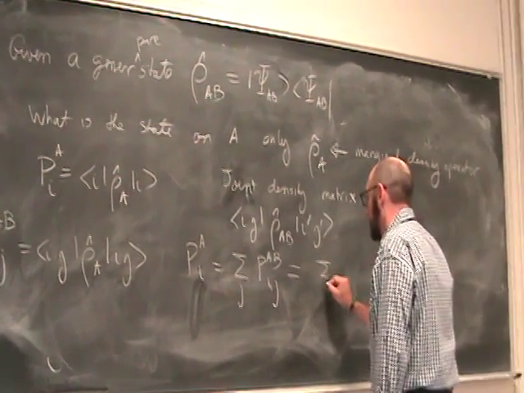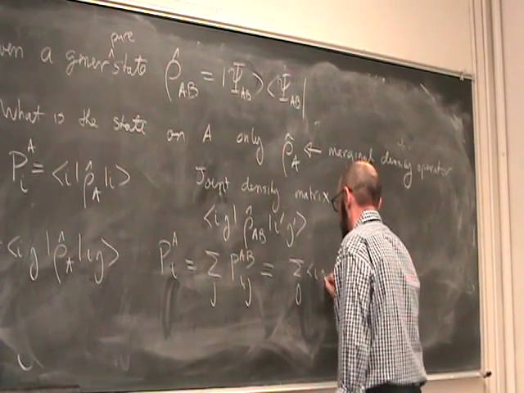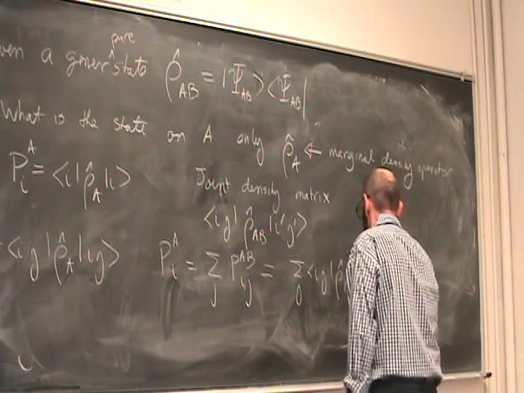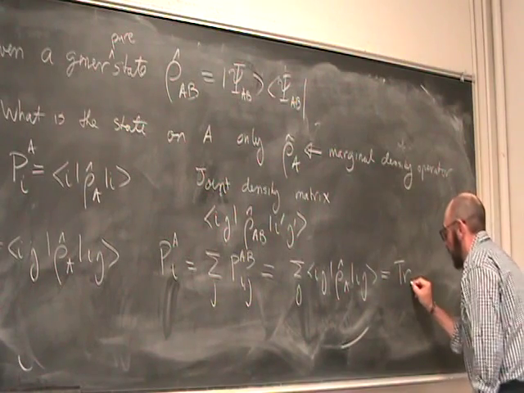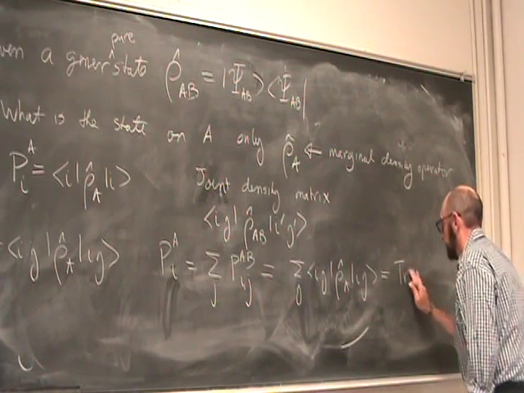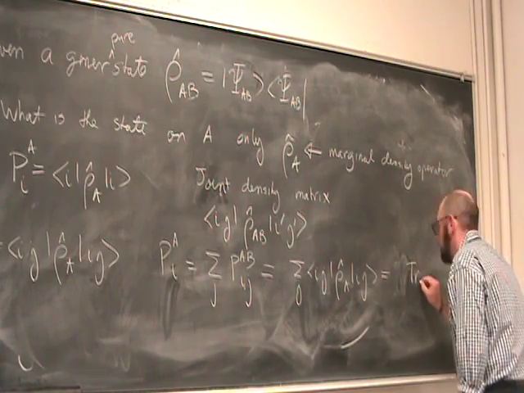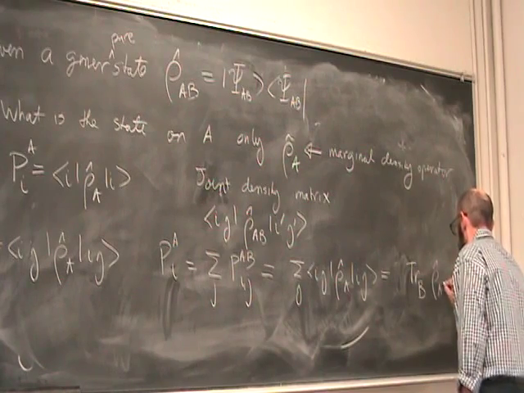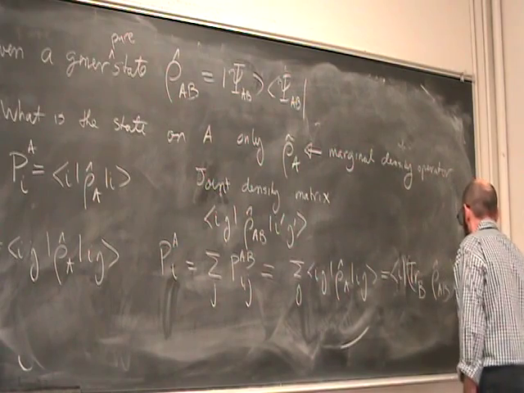So this is the sum over J of that, which is the trace over system B of the joint system, and then looking at that probability.